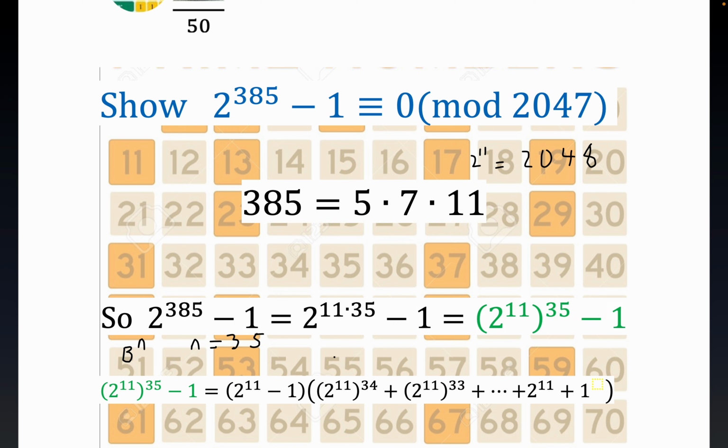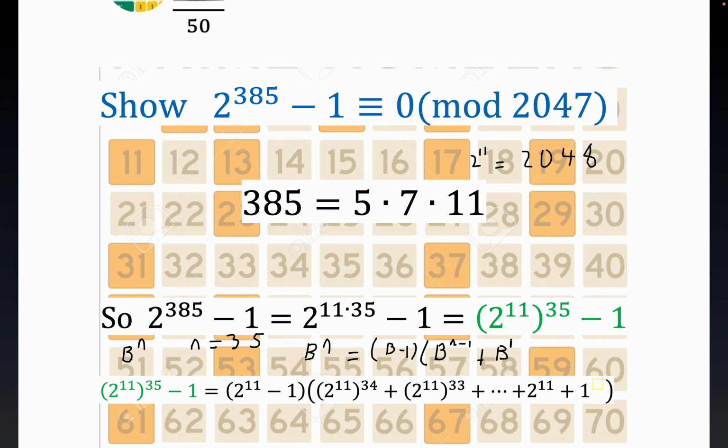Let's just write it right over here. We get b to the n minus 1 is equal to b minus 1 times b to the n minus 1 exponent plus b to the n minus 2 all the way to 1.